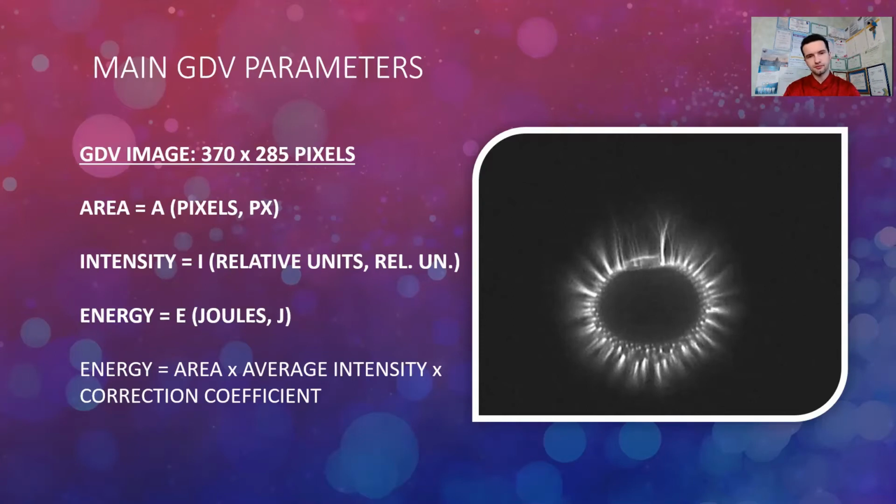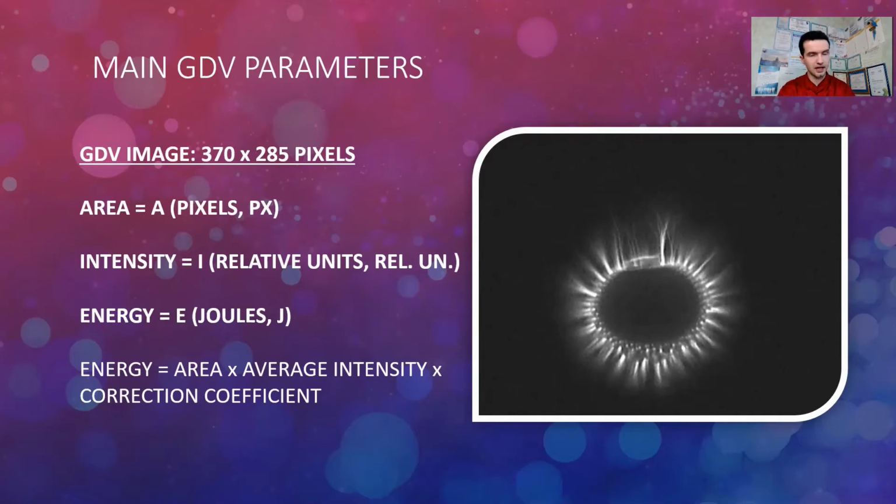As long as these are pixels, every pixel has its intensity that you can see. It's measured in relative units, where black is 0, white is 255. So there are 256 grades. Area is just the number of pixels.